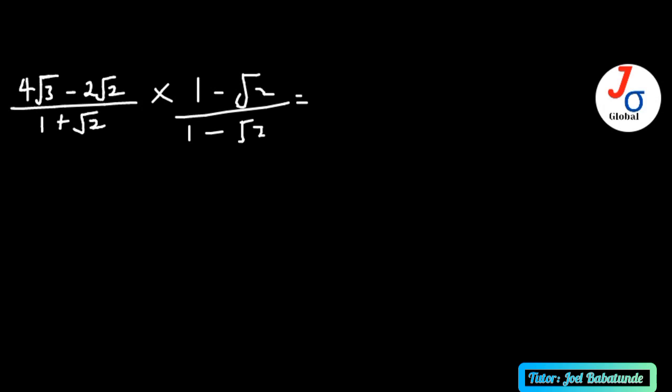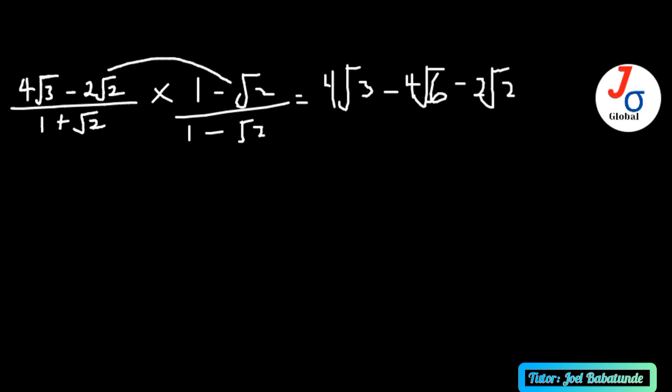And basically what we get is 4 root 3 times 1 is 4 root 3. Then 4 root 3 multiplied by minus root 2 gives minus 4 root 6. Then minus 2 root 2 multiplied by 1 is minus 2 root 2.